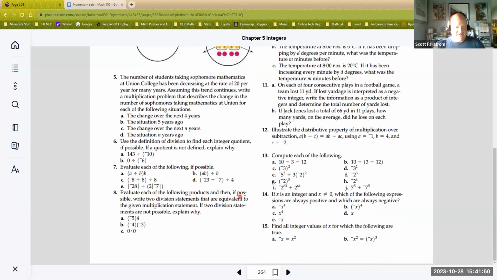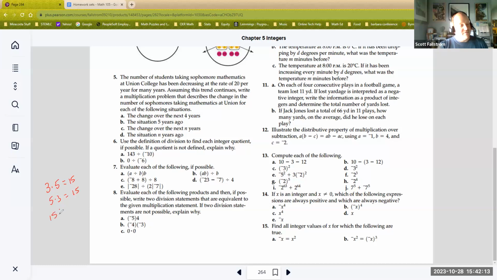Evaluate each of the following products, and then if possible, write 2 division statements that are equivalent to the multiplication statement. So this is similar to the 4-fact families. If you have multiplication, you could write it in many ways. I'll do one up here. So if we had 3 times 5, that equals 15. We also could say 5 times 3 equals 15.